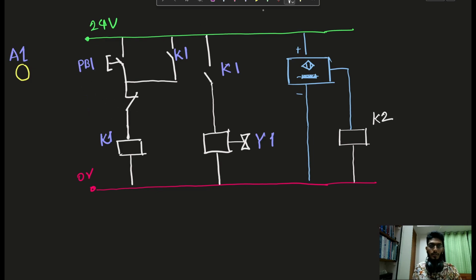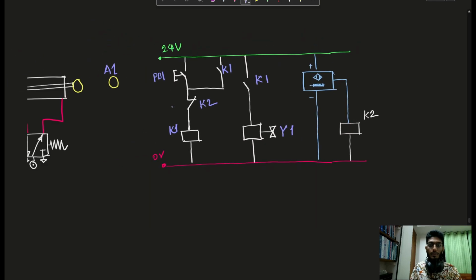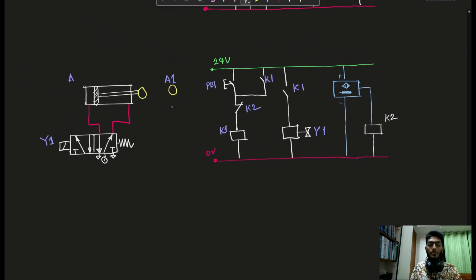So I have to make this a limit switch, which is not physically at the cylinder side. So it will just sense K2. And that's it. That's the solution. When K2 energizes, this switch is open and the circuit becomes deactivated. And after that, due to the spring return action, the cylinder will attain its initial position.